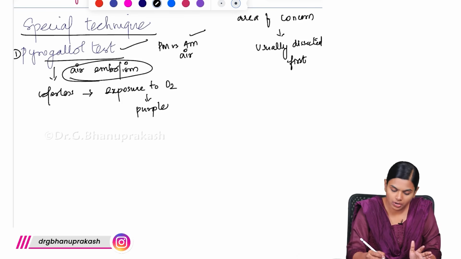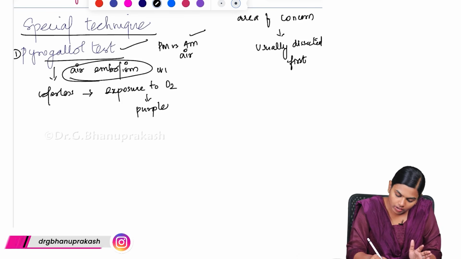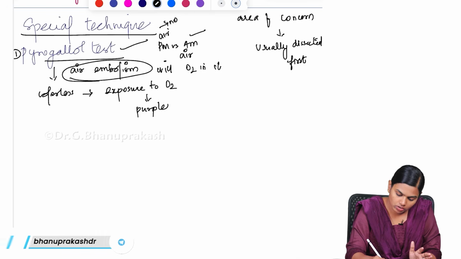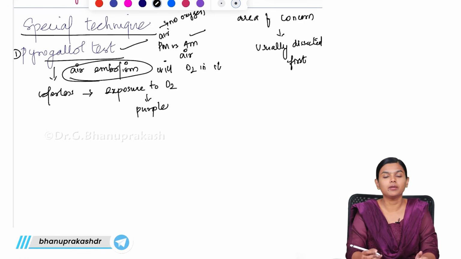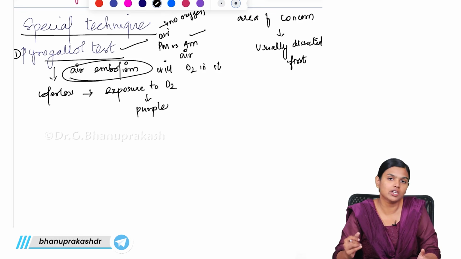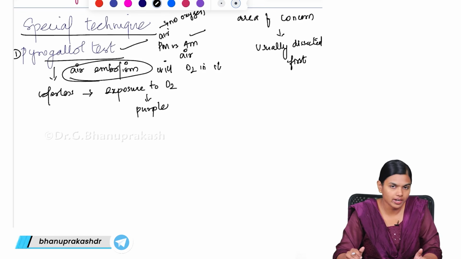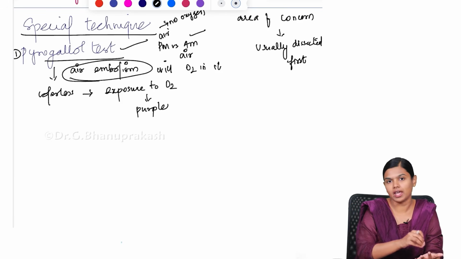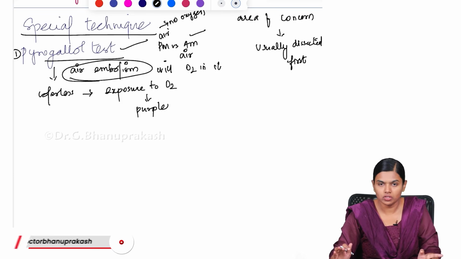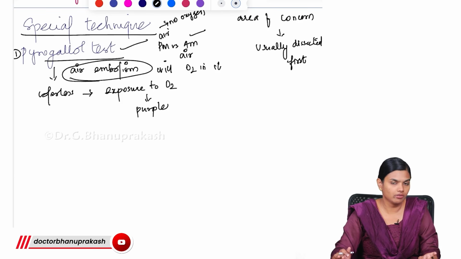Ante-mortem air embolism will have oxygen in it, and post-mortem air will have no oxygen. So, if you subject the pyrogallol reagent to that air, we will be able to identify whether it is changing color or not. By using that, we will identify whether it is an actual air embolism or simply a post-mortem accumulation of air. So, that is one special technique that we have to know.